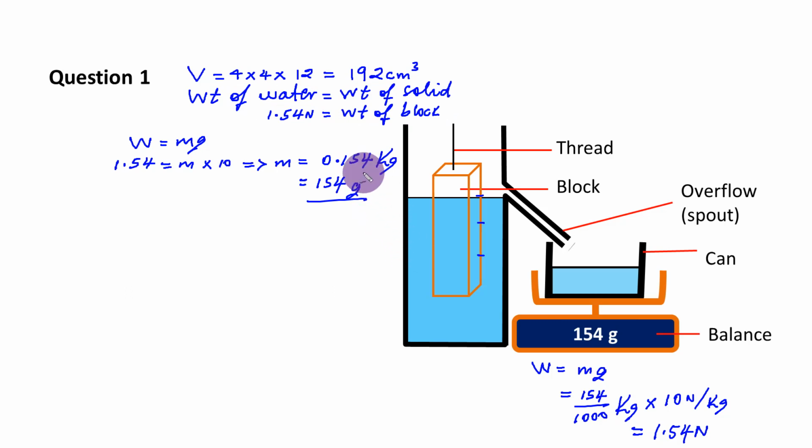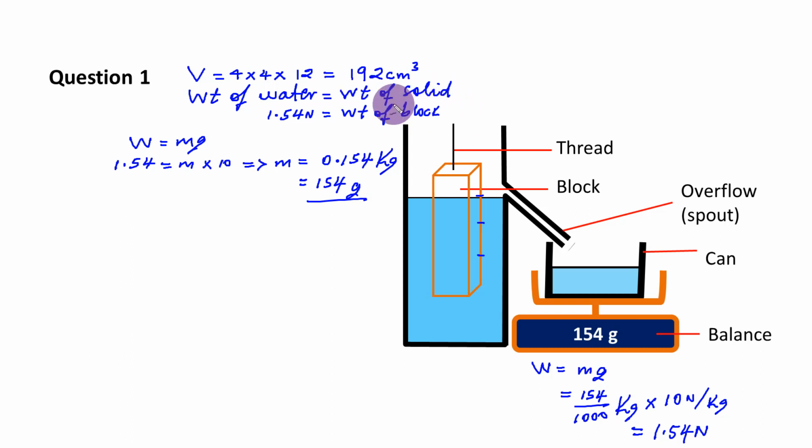So remember, you've got to deal with weights, which are types of forces, rather than masses, which are scalar quantities. That is why I have to convert the weight of the water into newtons, because it is a type of force, and then I equate it to the weight of the solid.